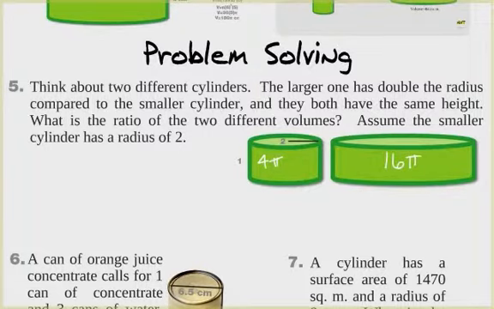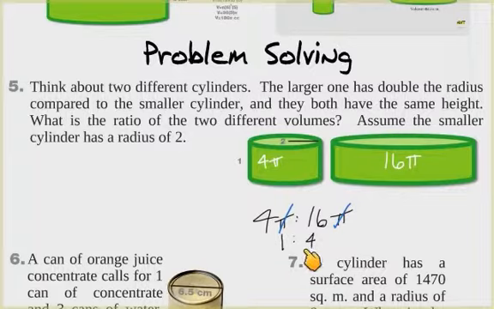Well, if I set these guys up together, what is going to be my ratio? 4 pi to 16 pi. Well, if you notice, I've got a pi over there and a pi over there, pi everywhere. Cross them out. Bam, bam. Now, how can we simplify 4 and 16? 1 to 4.